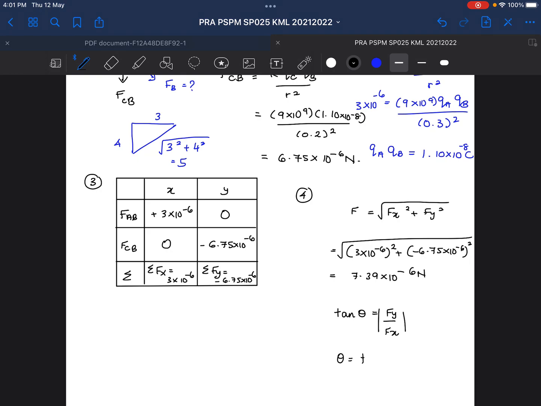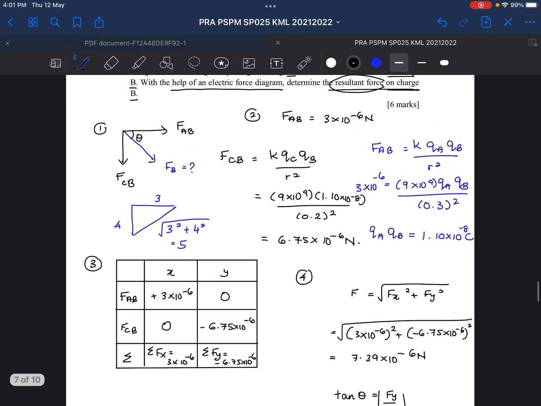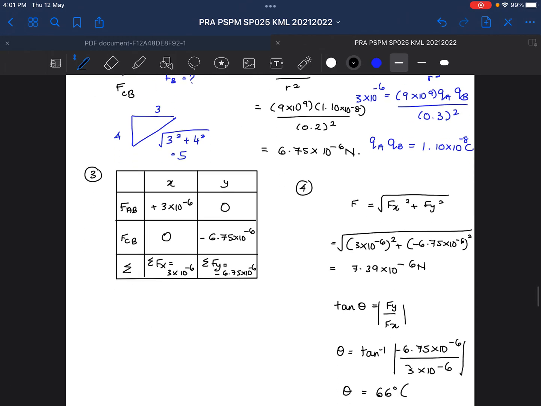So theta is tangent inverse 6.75 × 10^-6 over 3 × 10^-6. And I think you get your angle to be 66 degree lah. Iaitu angle kita kat sini adalah 66 degree. Iaitu below, di bawah, this is a positive x-axis. So I think you can write down below positive x-axis. Okay.